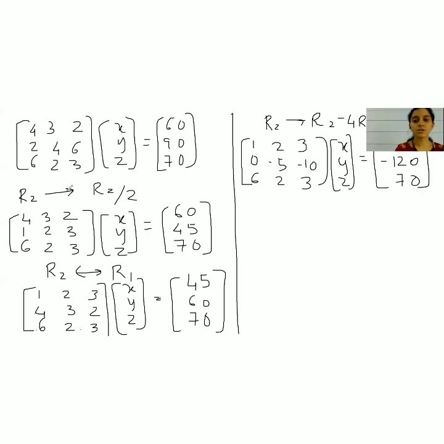I'll make 6 into 0. How do we make 6 into 0? R3 changes to R3 minus 6R1. So 1, 2, 3 as it is, 0, minus 5, minus 10 as it is, 6 minus 6 has become 0, 2 minus 12, minus 10, and 3 minus 18, minus 15.